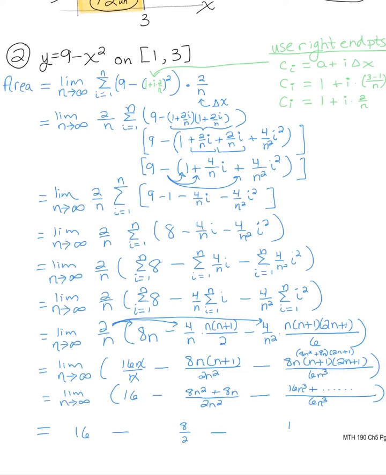And so this would have been, again, the ratio of the lead coefficients. So we really end up here with 16 minus 4 minus 8 thirds, or 2 2/3. So 12 minus 2 would be 10, minus another 2/3 would have been 9 and 1/3 square units. So that would have been our actual exact area under the parabola 9 minus x squared on the interval from 1 to 3.